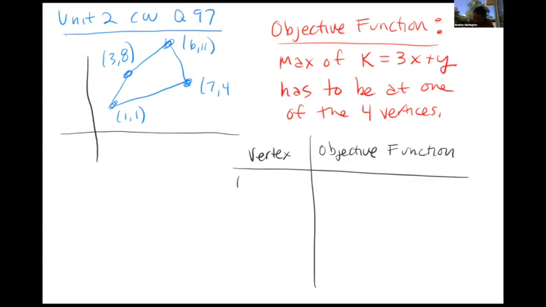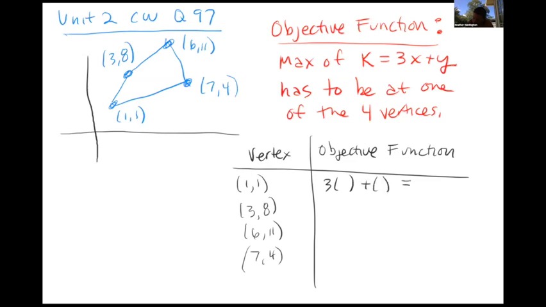You can start at any of them: (1, 1). I'm going to go (3, 8). I'm going to go (6, 11). And then (7, 4). And the objective function is 3 times x plus y.